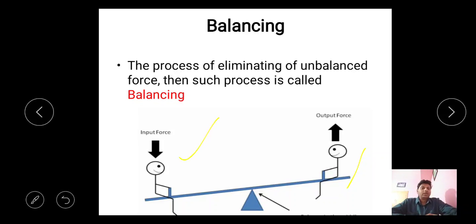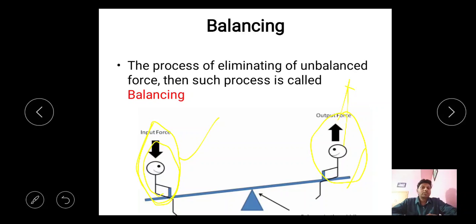If this mass is not equal to this mass, if this mass is more, then this will go down and this will come up. You say it is balanced when both are equal.